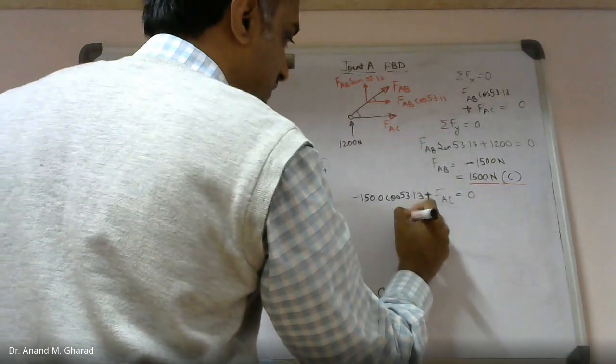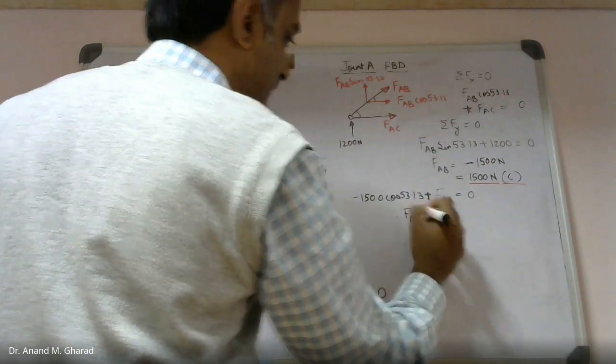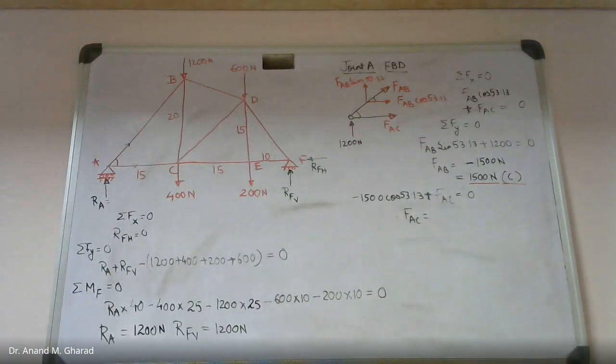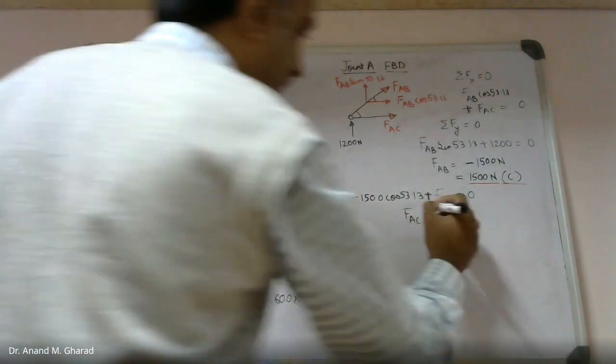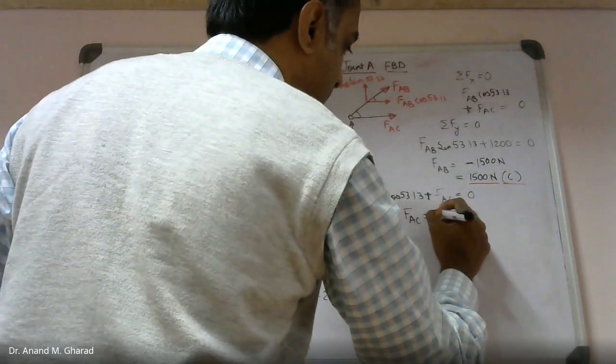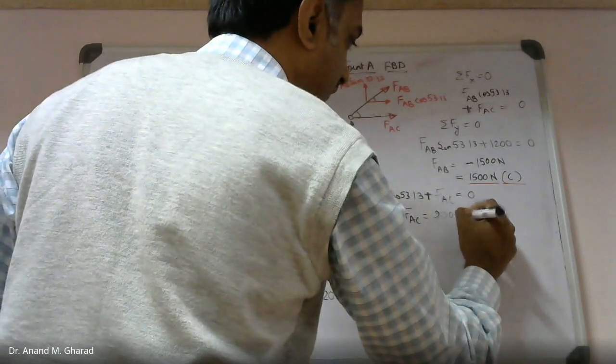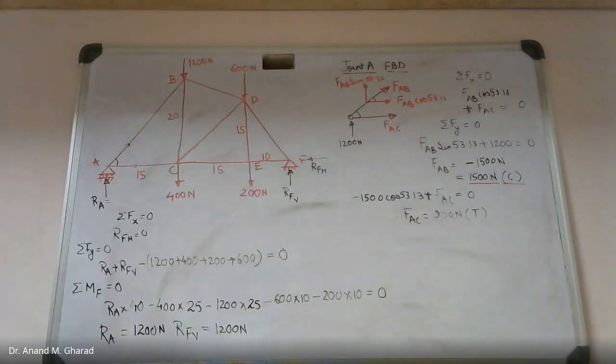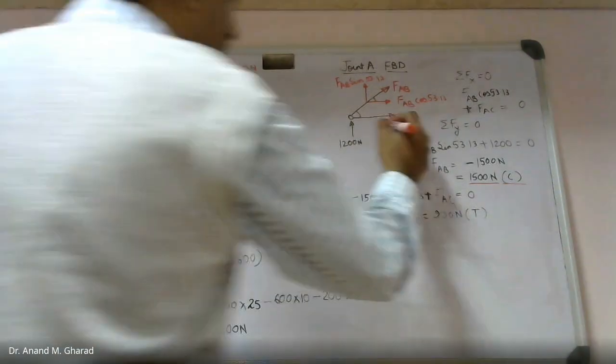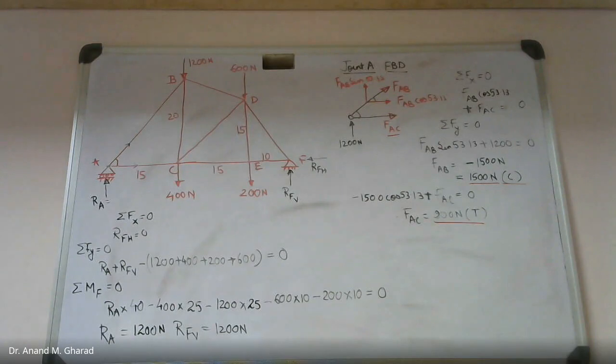So because of this, force in member AC, I am getting this value to be 900 Newton. And since this value is positive, that means this is tension, as we have assumed for FAC. This is 900 Newton tension.